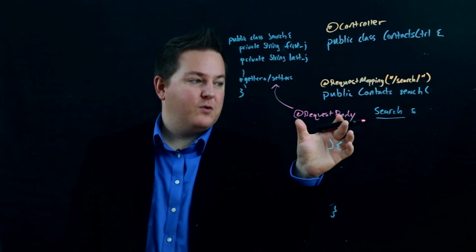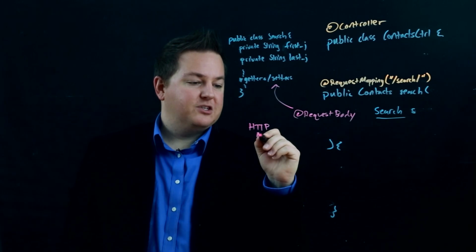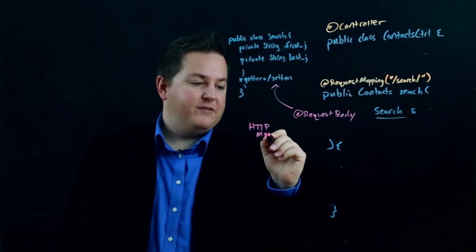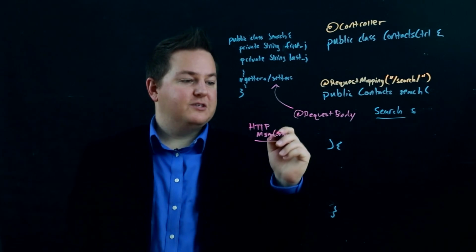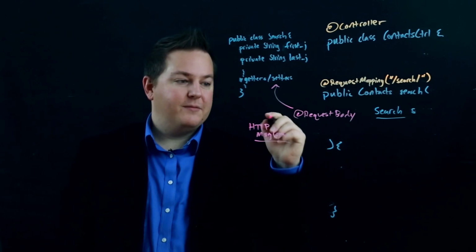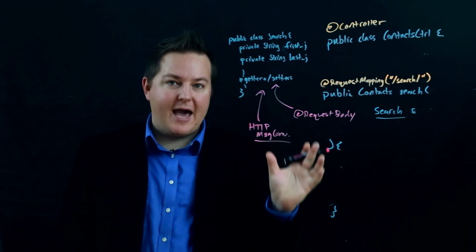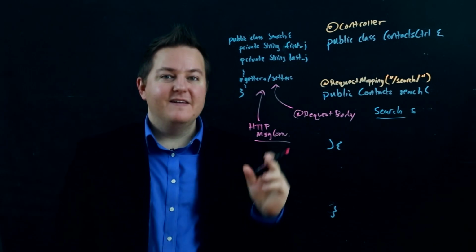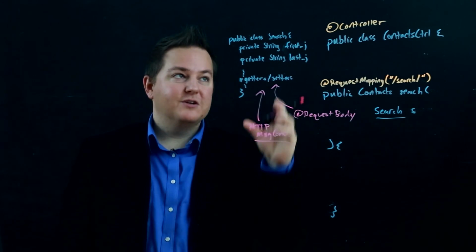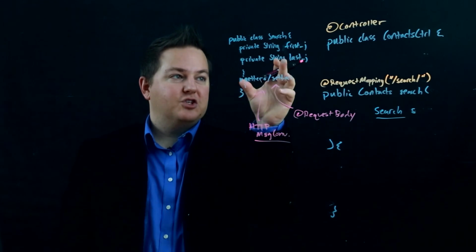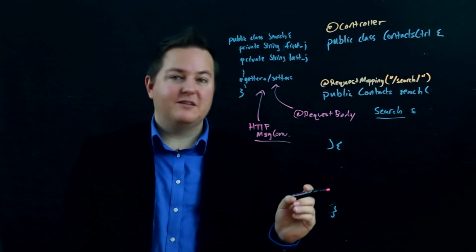So whenever an @RequestBody is seen, an HTTP message converter, and I'm just going to abbreviate this to make it easier to fit on the board here, is used to look at all of the request parameters and then automatically construct an object and map all of those request parameters to the various method parameters of the getters and setters, as well as the member variables within this object. And then once it's constructed and it's completely well formed and ready, it then passes it into the method.